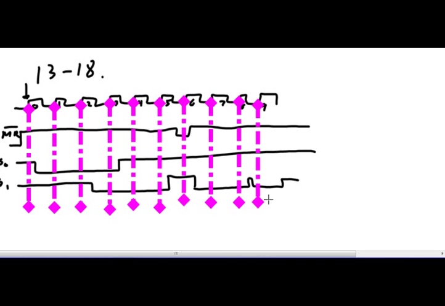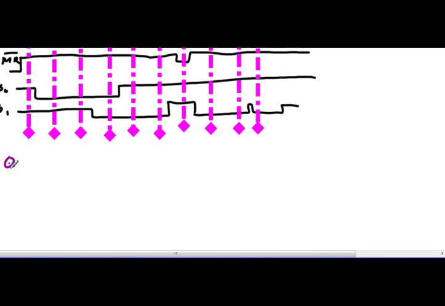All right, looking good. And what we want to know is what is Q0, Q1, Q2, and Q3. All right, that looks good.